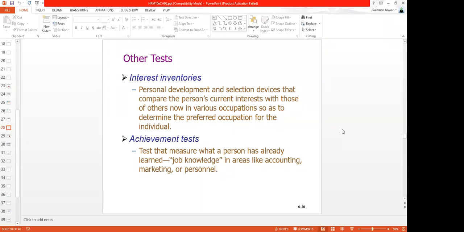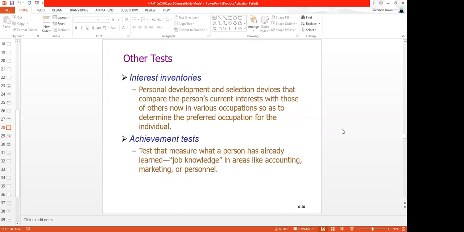Okay, read this definition again with me. Personal development and selection devices. So we have come across the basic context of interest inventories. They are personal development and selection devices that compare the person's current interests, which particular career, which particular hobbies, which particular interests the person has.